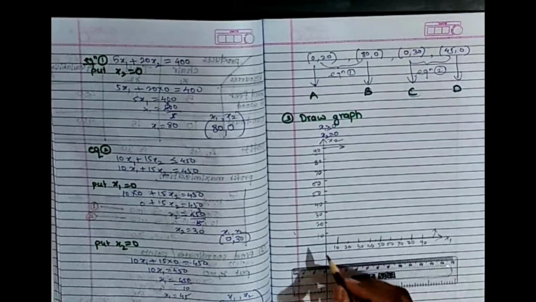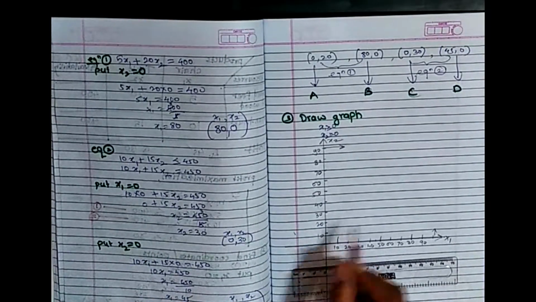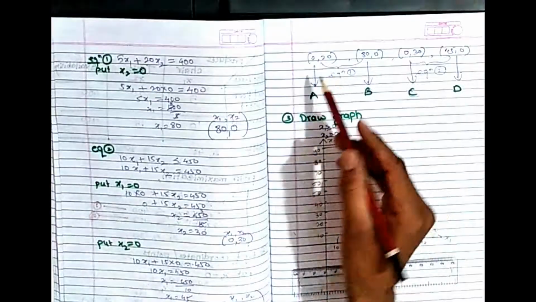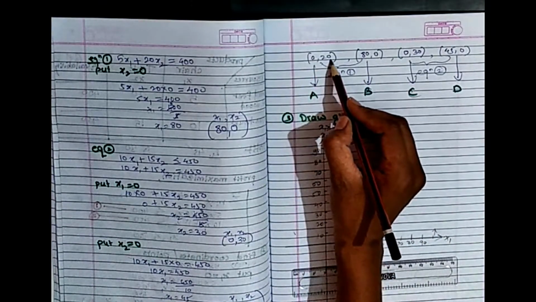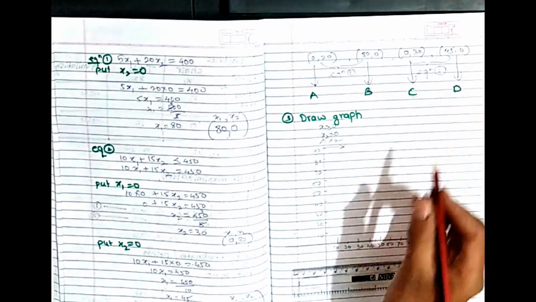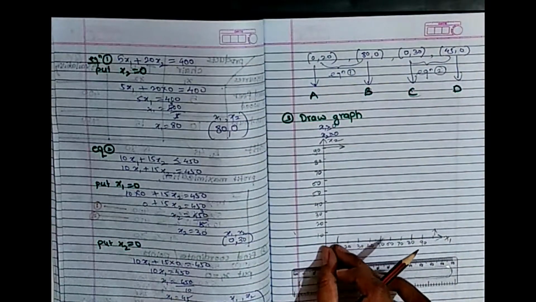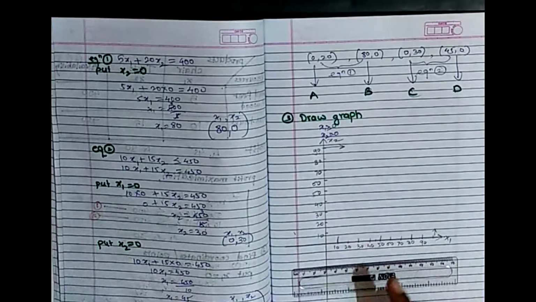So I assumed each 1 centimeter on the graph as 10 units, as our points are 0, 20, 80, 0, 0, 30, 45, 0.